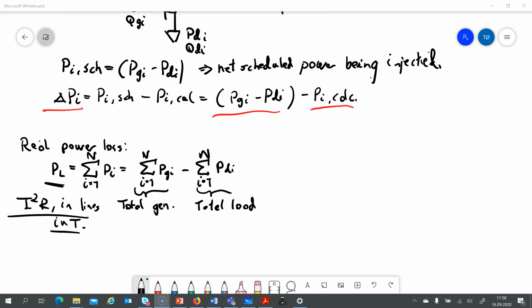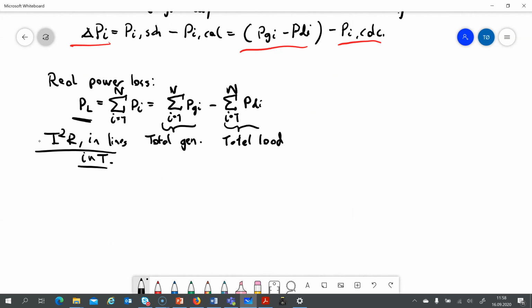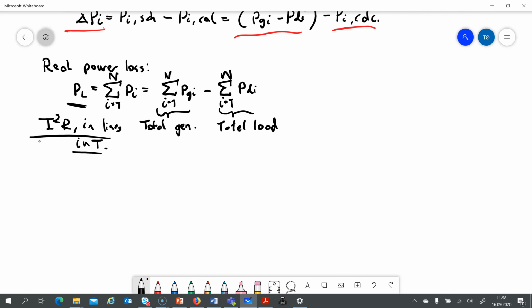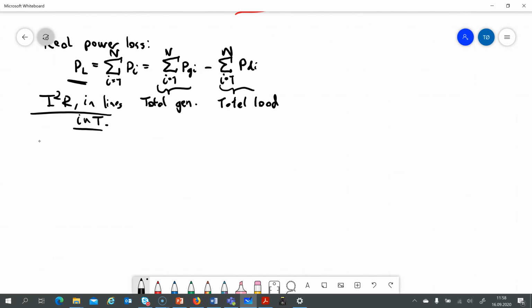Now let's talk about the classification of buses. That is also important.